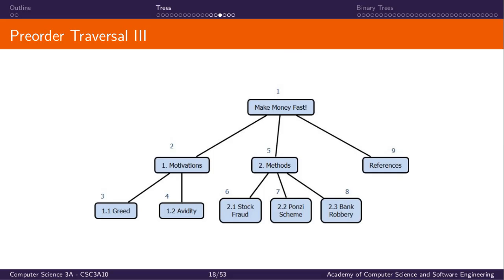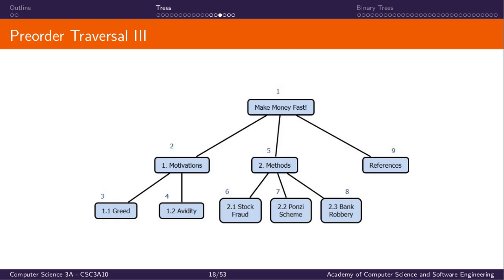That would be what's stored at our root. And then each of the children of the root would either be an entire chapter with its title and specific bodies of text, or could be an external node like references, which is simply a list of references. If it's an internal node like One Motivations, we print out what is stored there.